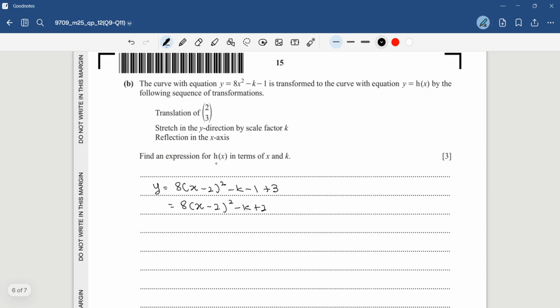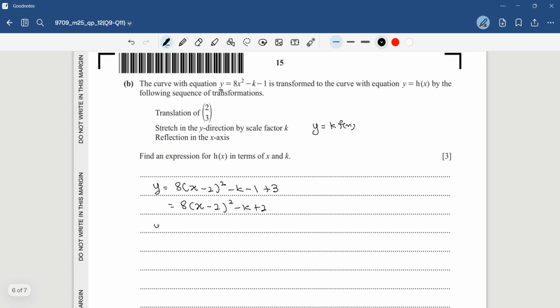So the output will be y equals 8(x minus 2) squared minus k plus 2. Okay, after the translation, this is the equation, and the graph is stretched in the y direction by a scale factor of k. So it's going to be y equals k f(x). I just label this as f(x), it's easy for me.